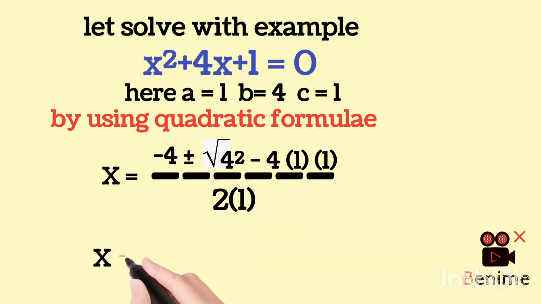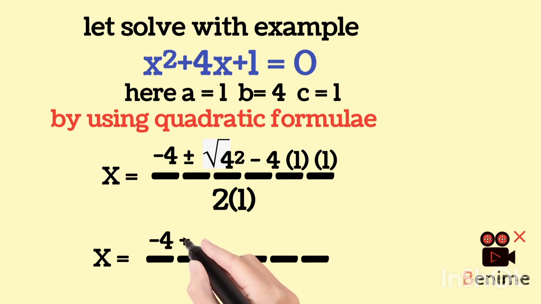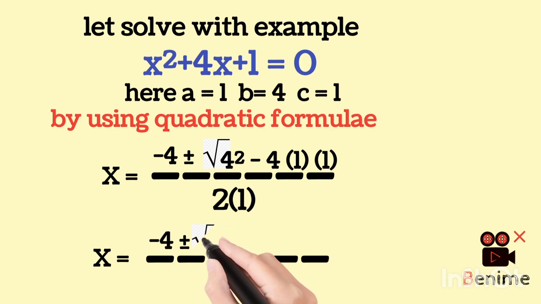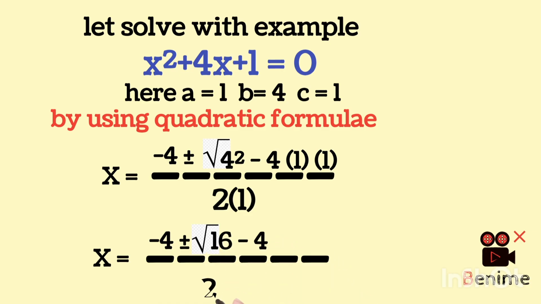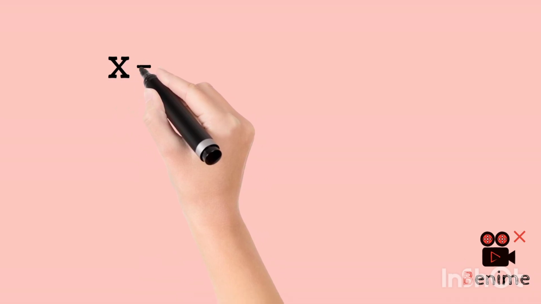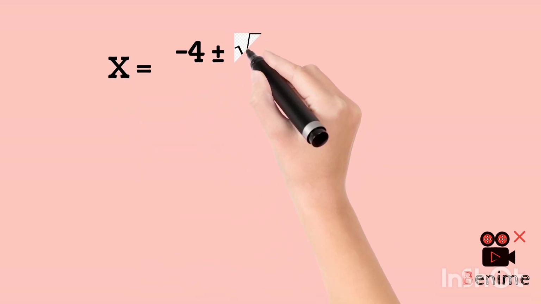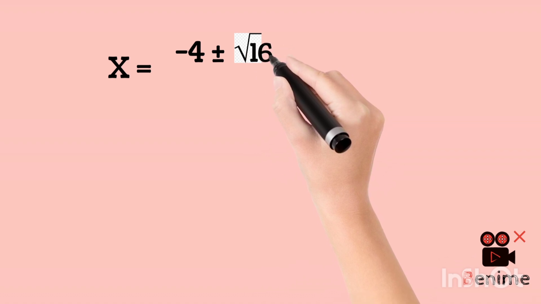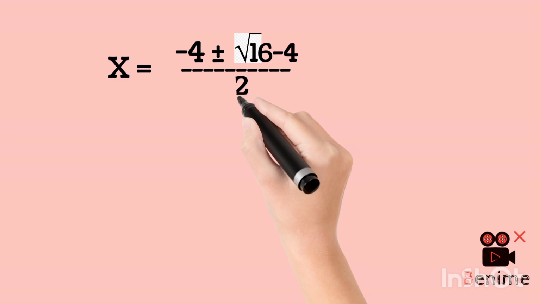On simplification we get (-4 ± √(16 - 4)) / 2. 16 minus 4 gives us 12, which is the value of the discriminant, and it is greater than 0. So the roots we will get after solving this equation are two real numbers which are different.